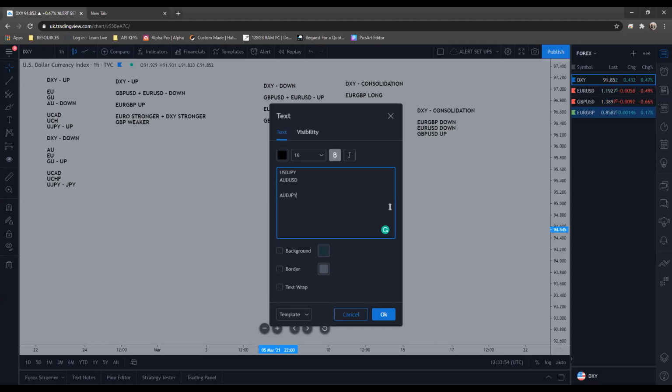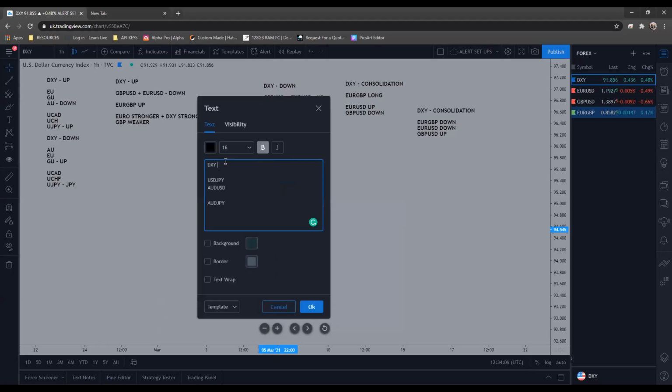Okay, so we're going through this now. We've got our majors and we've got our cross pairs, so we'll stick Dixie at the top. If Dixie now is going up, what should be happening with USD JPY? Up, perfect. Now, what should be happening with AUD USD?